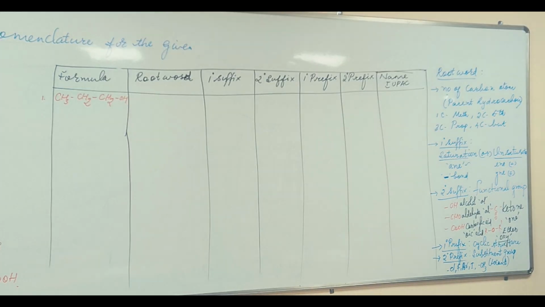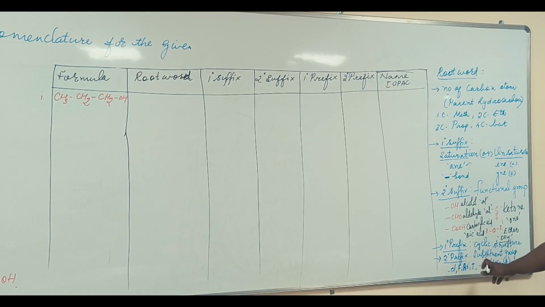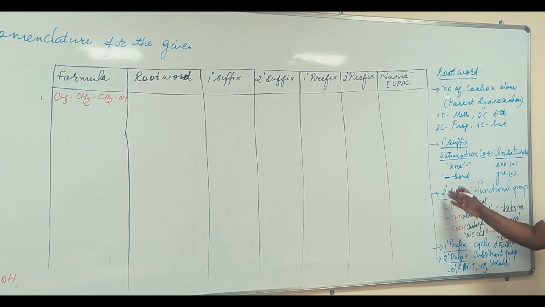These things we call substituent groups. Those substituent groups are the secondary prefix. The primary prefix indicates whether the compound has a cyclic structure or a linear structure. Then the secondary suffix, the primary suffix, then the root word.